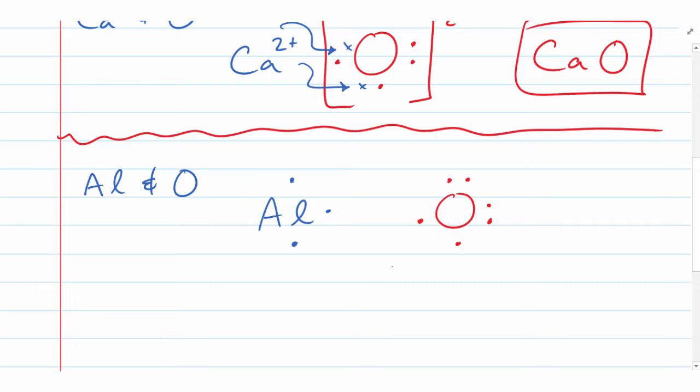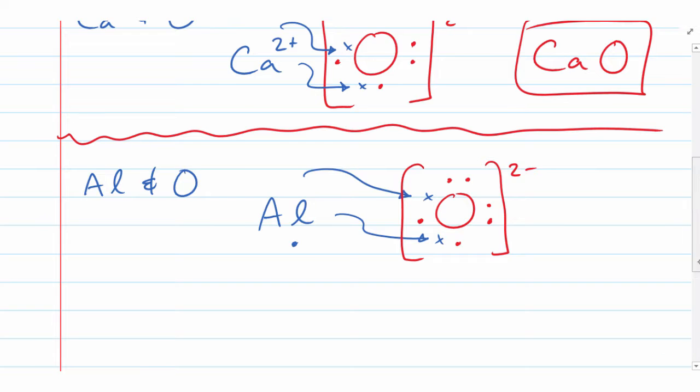The easiest way for aluminum to get to 8 is to lose. And so aluminum will lose it to the oxygen. And if it loses to the oxygen, it can only lose 2 to this oxygen, because this oxygen can only hold 2 more. Because this outer level is now full for the oxygen, the charge on this oxygen becomes 2 negative.